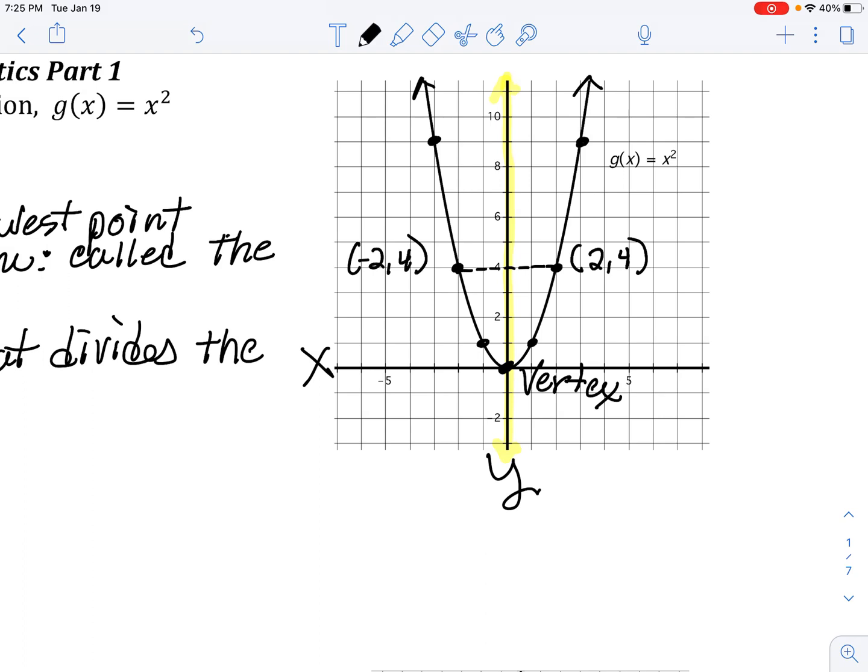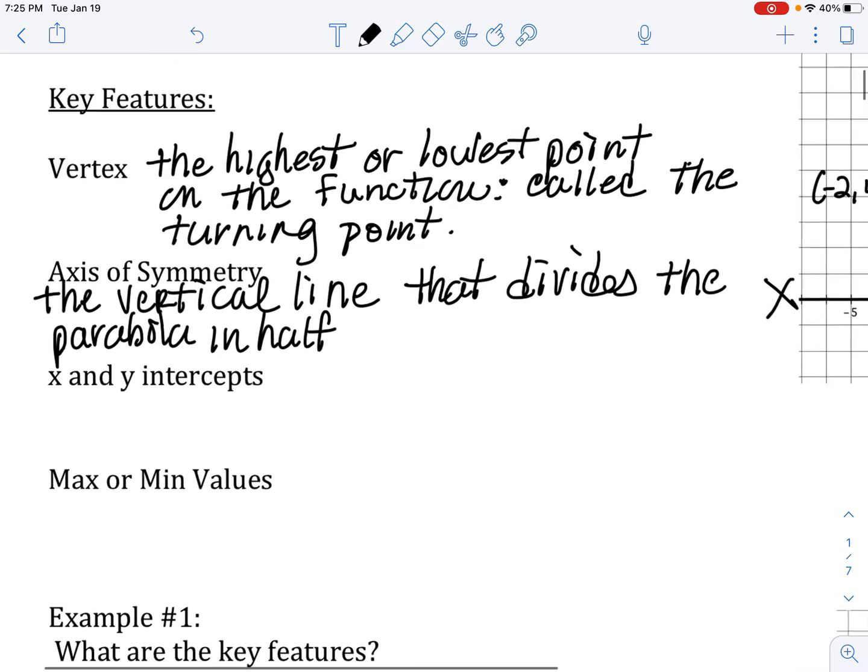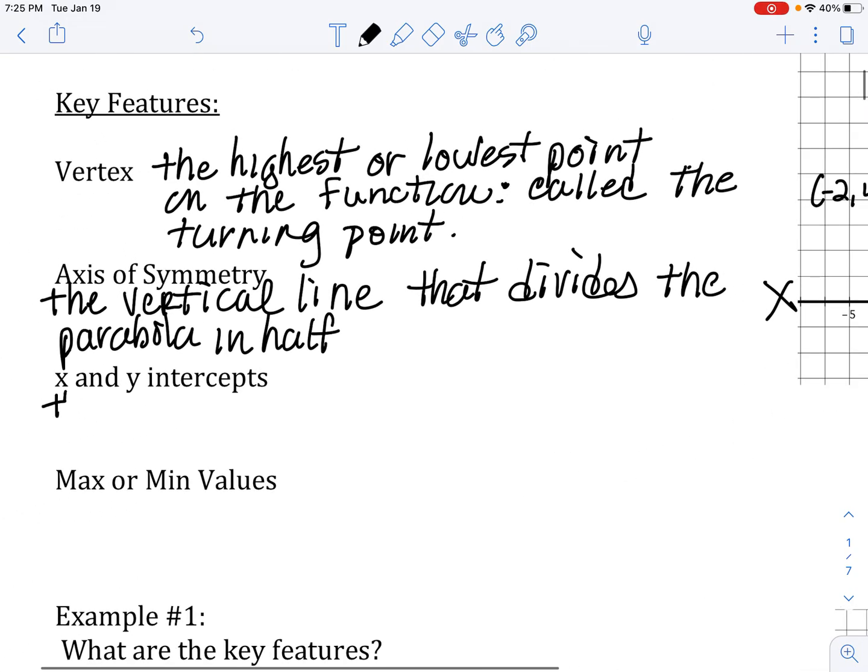We use those points to help us create an accurate graph of the quadratic. When you do your assignments in Delta Math, you will need 5 points on the curve in order for Delta Math to graph it. X and Y intercepts.